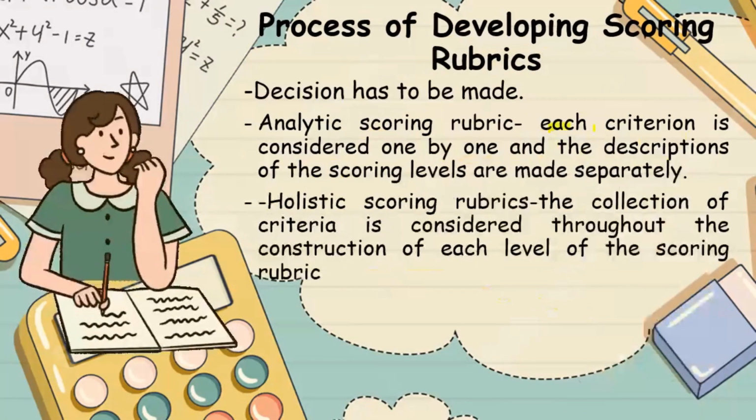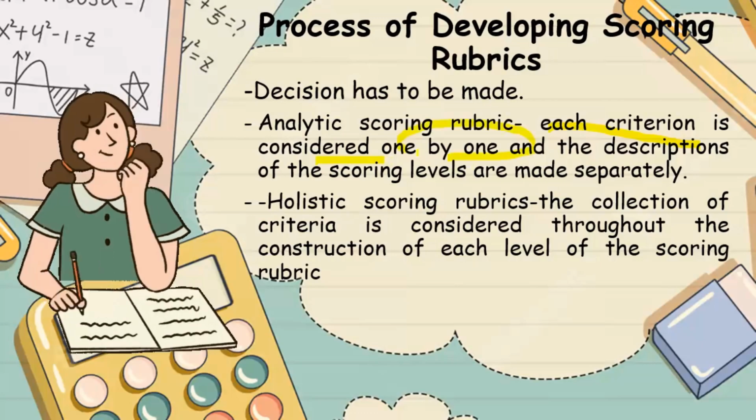So here, each criterion is considered one by one and the descriptions of the scoring levels are made separately. So this will then result in a separate descriptive scoring scheme for each of the criterion or scoring factor.